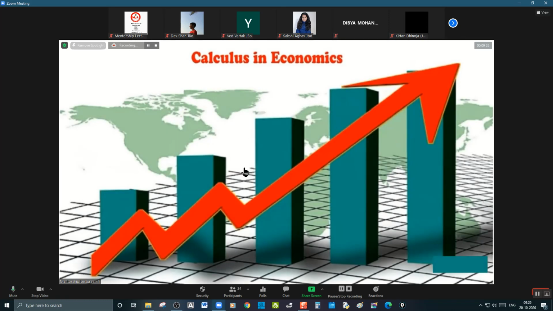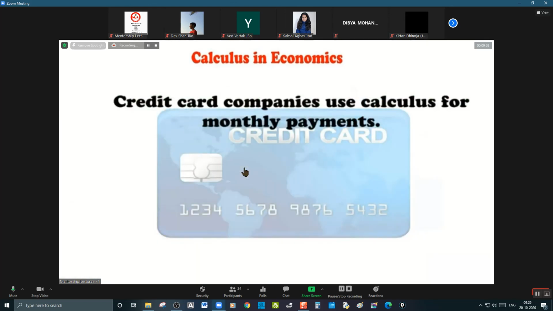Like that, calculus is used in economics too. Credit card companies use calculus for monthly payments. Why? Because if there is a late payment charge, and per day they calculate the interest, then in that case also they make use of calculus. Particularly, differential calculus is used for instantaneous purposes.